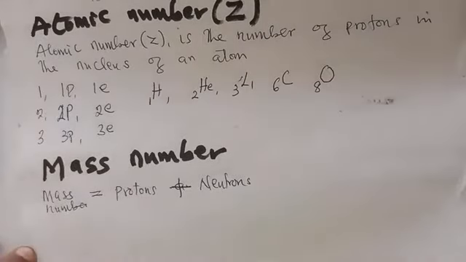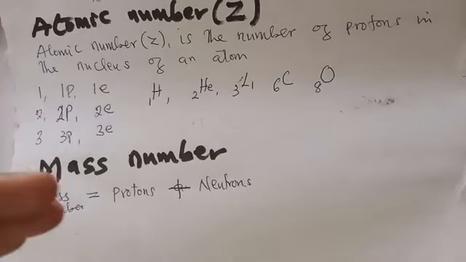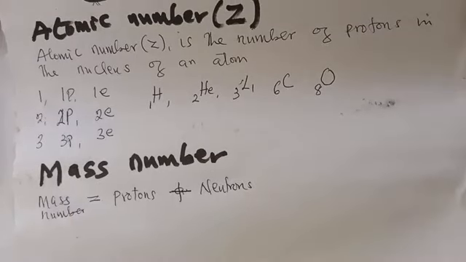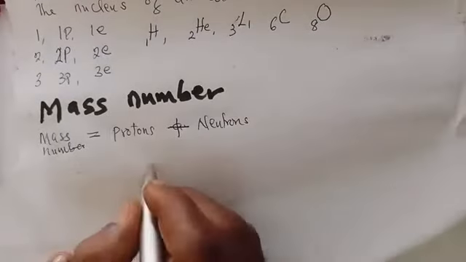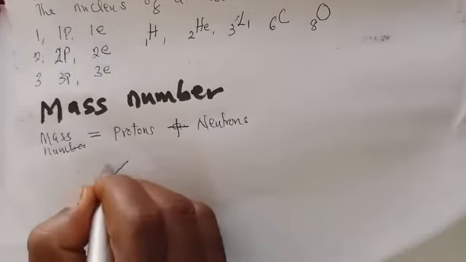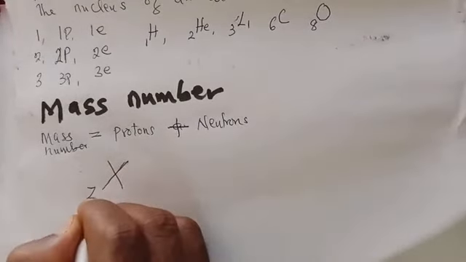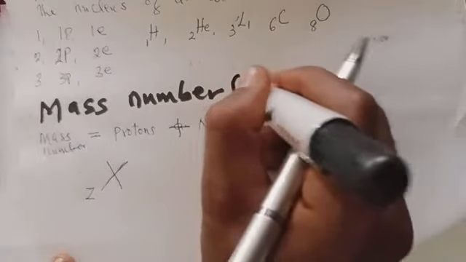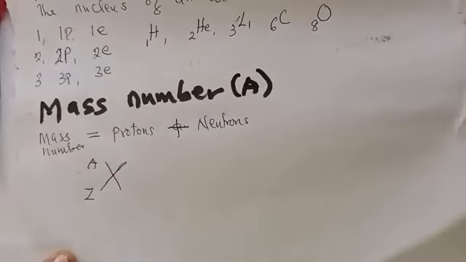So while atomic number deals with the number of protons, mass number deals with the number of protons and neutrons summed together. So for a given element X, we have the atomic number written like this, and mass number is denoted by symbol A. So the atomic number is written there and the mass number is written there.